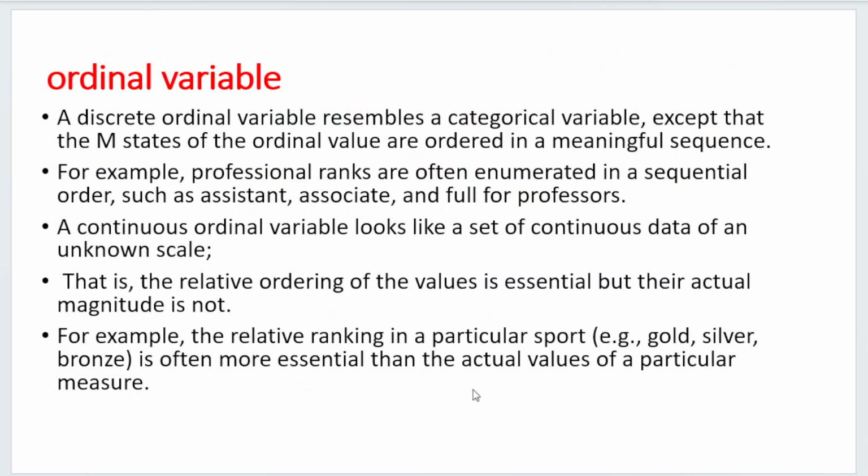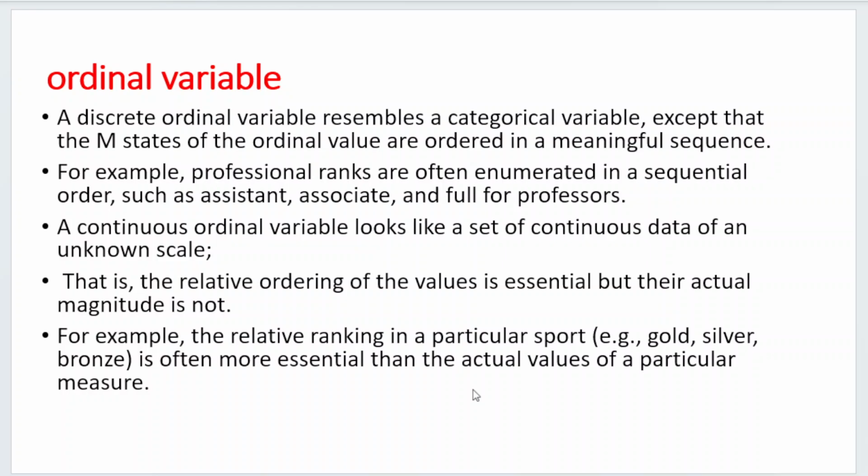Next, we will go for the ordinal variables. Ordinal variables simply resemble the categorical variables, but the m states of the ordinal variables are ordered in some meaningful sequence. For example, professional ranks are often enumerated in sequential order.